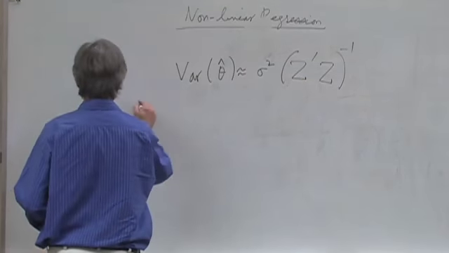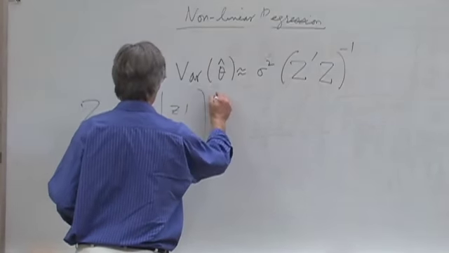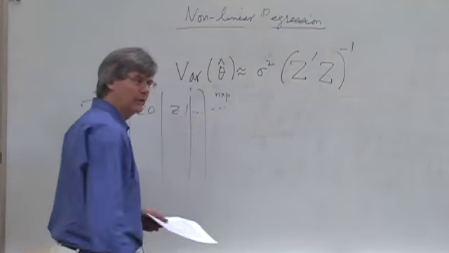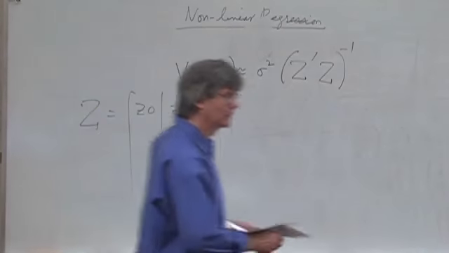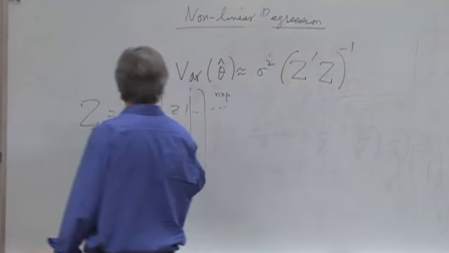So you made Z equal to Z0, Z1, and so on as columns, n by p, for p the number of parameters you had. I think we just had 2 columns in this example.